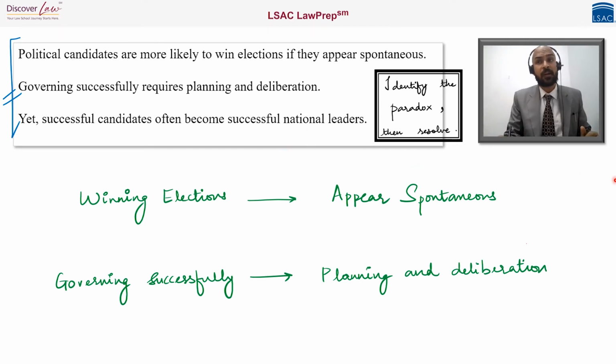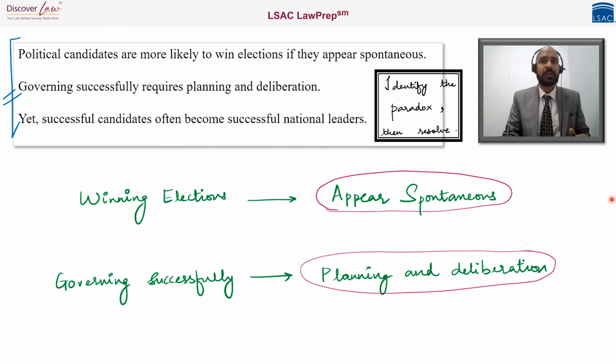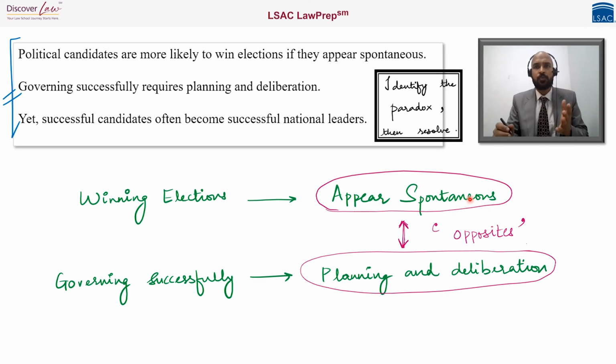Now, what is the paradox? The paradox is that appearing spontaneous and planning and deliberation look like opposites, because spontaneity means that you are not saying something after thinking, after planning, whereas planning and deliberation means that you are not being spontaneous. So they're kind of opposites.